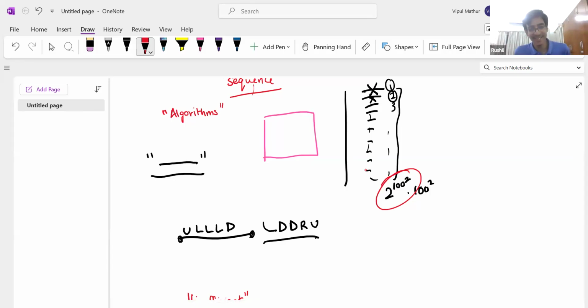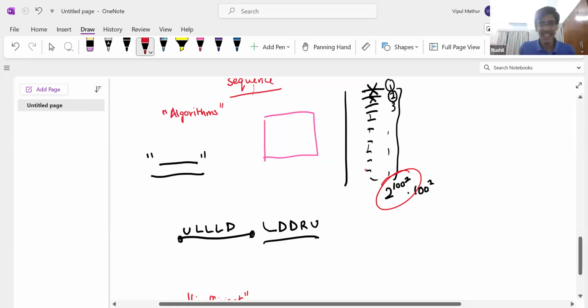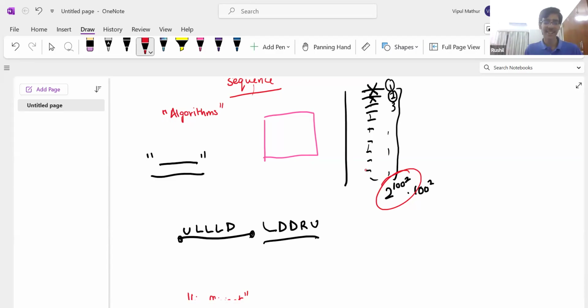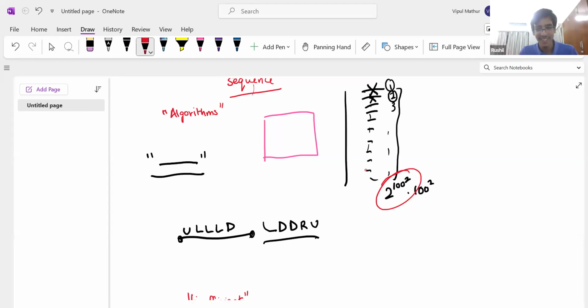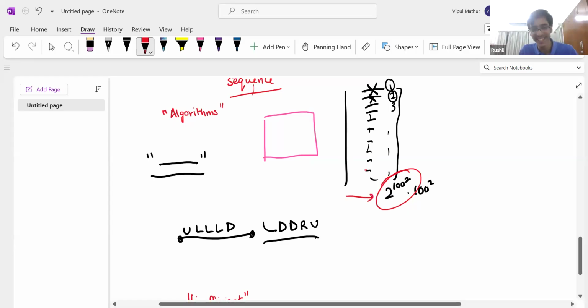Actually, yeah, that is just true. The atoms in the observable universe is something like 10 raised to 80, and this is like 2 raised to 2500, so much more than 10 raised to 80. So no one is working with this.